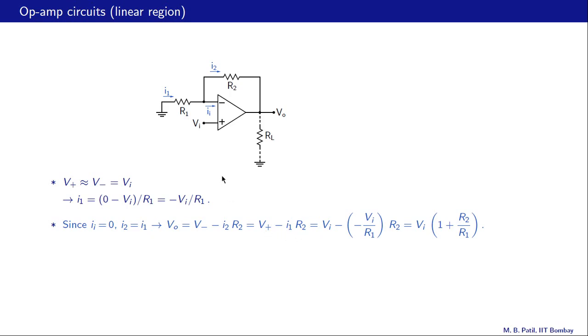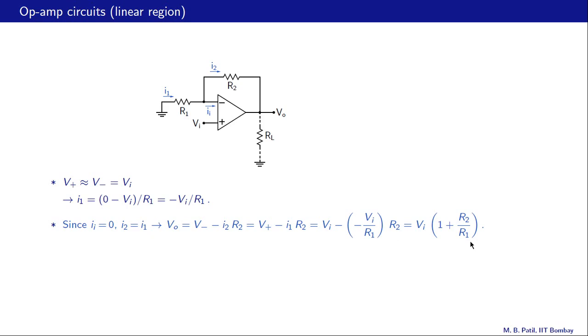V plus is Vi, I1 is minus Vi divided by R1, and when we put it all together we get Vi times 1 plus R2 over R1. So for this circuit we have the output voltage equal to the input voltage times 1 plus R2 over R1.